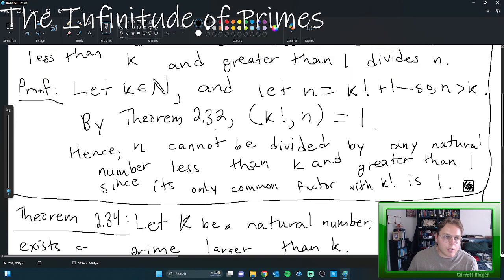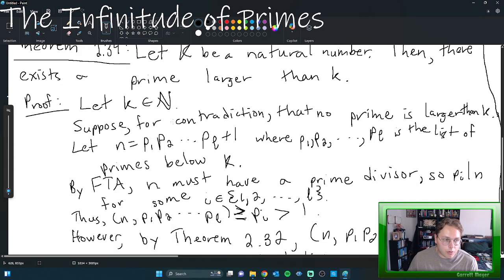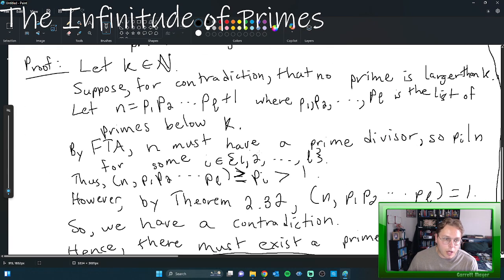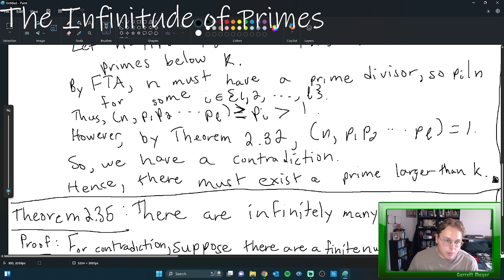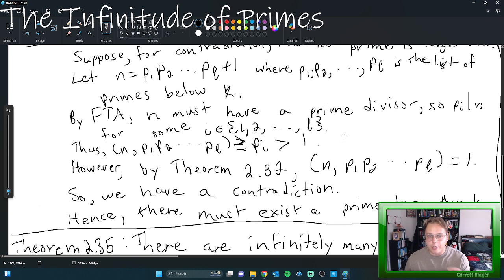A very similar construction to what was done in theorem 2.33 was used in theorem 2.34, and then also combined with theorem 2.32 again, seeing that consecutive numbers have to be relatively prime. We saw that we could always generate a new prime number if we have a finite list of primes.